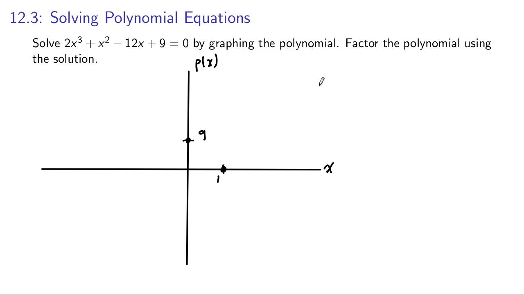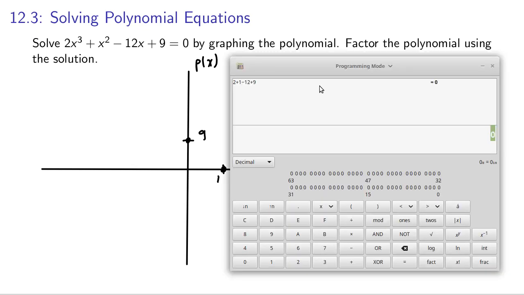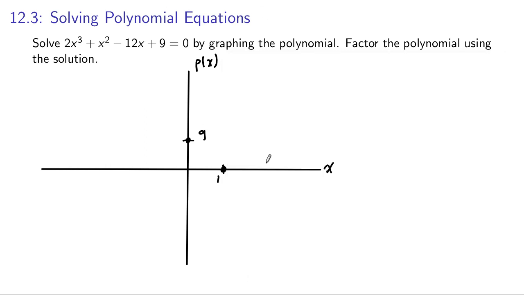Okay, let's try 2. So at 2, we're going to get 2 times 2 cubed plus 2 squared minus 12 times 2 plus 9, which gives us 5. So when we have 2 as an input, we get 5 as an output.